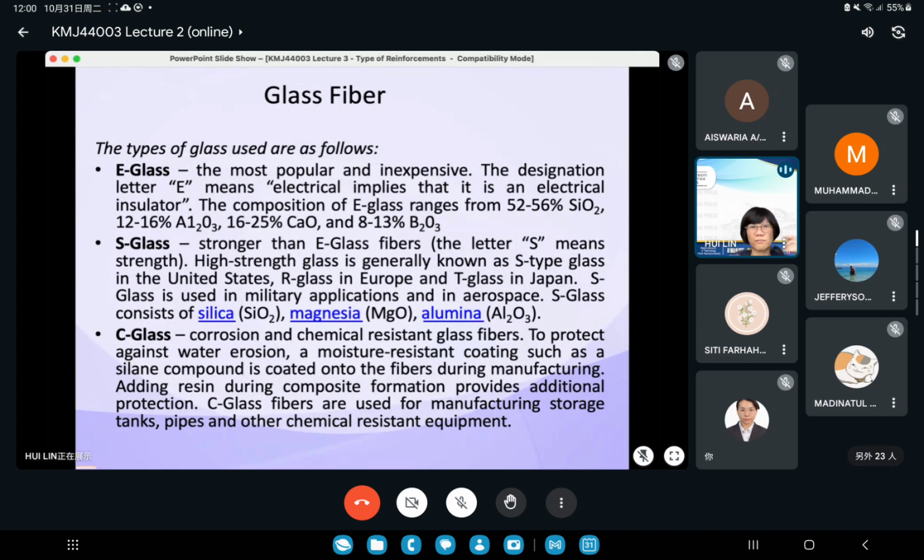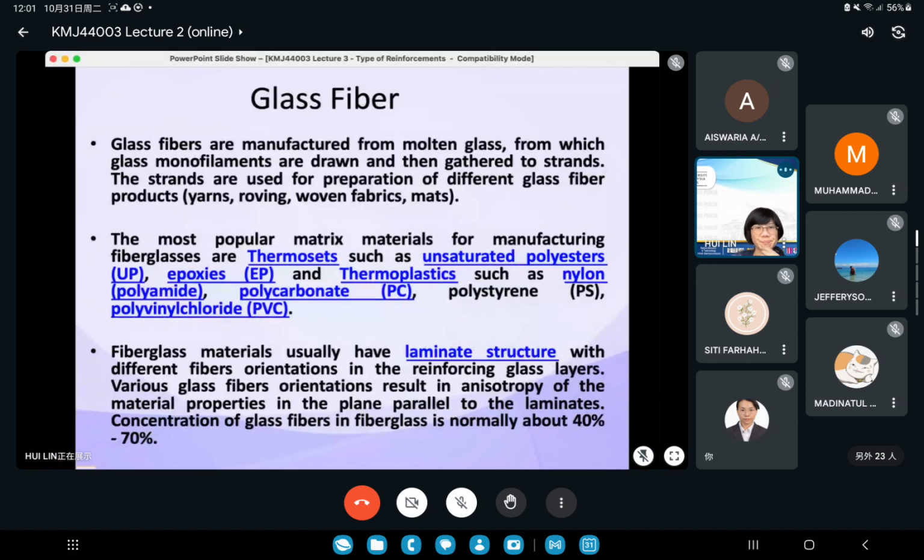Kids are not able to finish this topic by time. Anyway, we have E, S, and C. E is electrical, S is because of its strength, C is because of its corrosion resistance. No worry, I think I will not ask this about glass fiber.